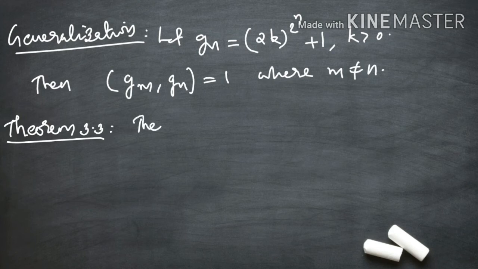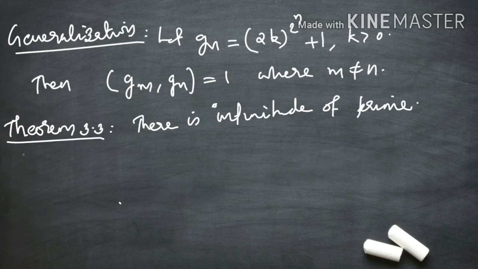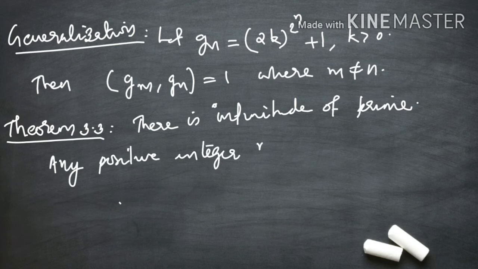So there is infinitude of primes. We know, from the section on prime and composite numbers where we proved it as a lemma, that any positive integer n greater than or equal to 2 has a prime factor.